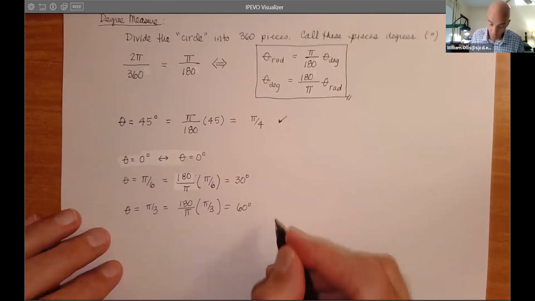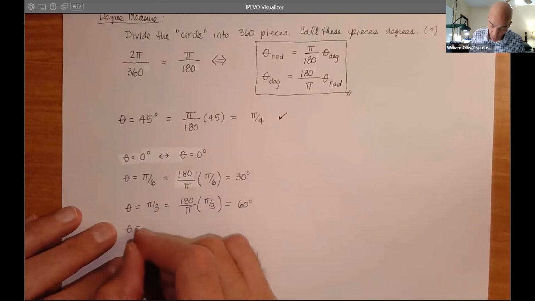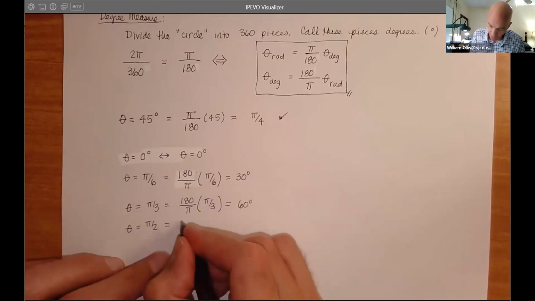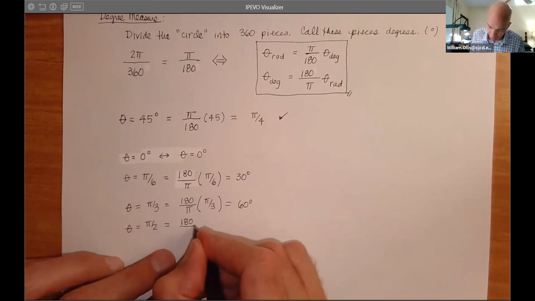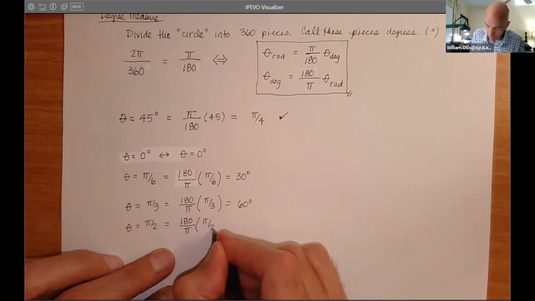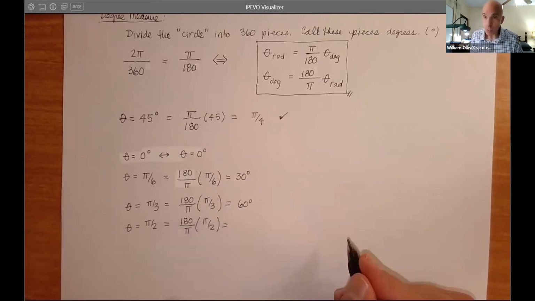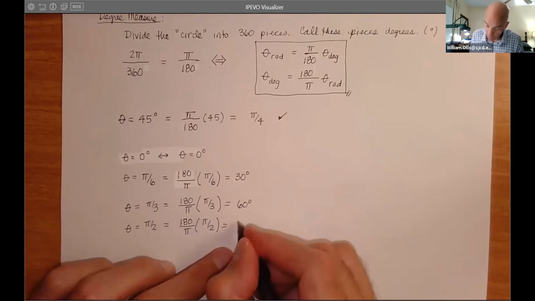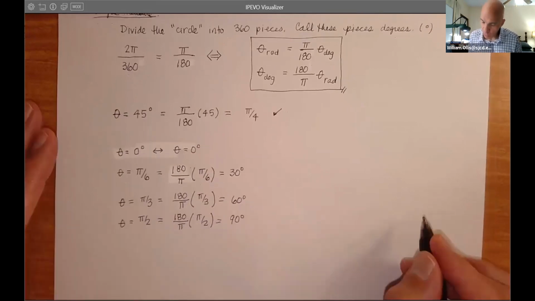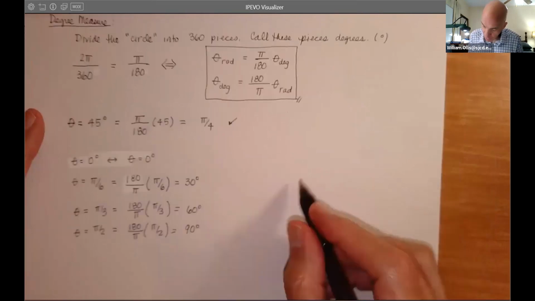And then the very last one will just be pi over 2 radians, and we know what that is, and we use it every day. The pi is absorbed, and 2 into 180 is 90 degrees. So we've got the first quadrant. Let's go ahead and fill in all the degrees.